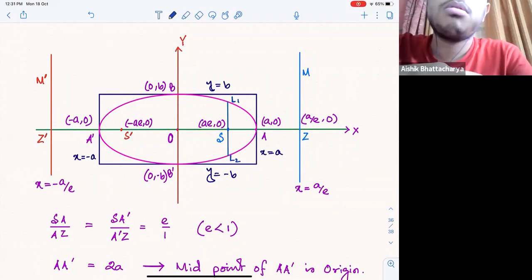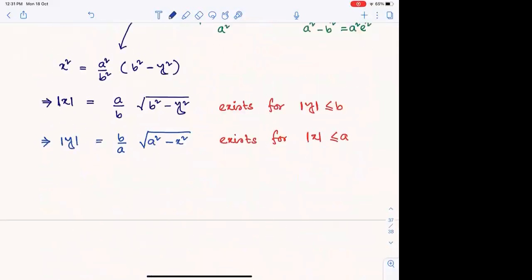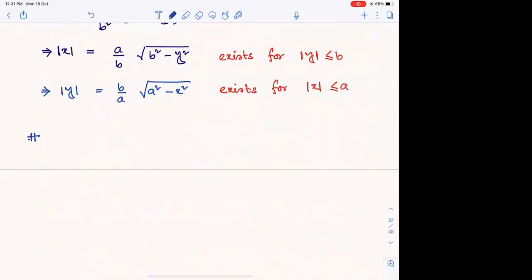We can substitute the value into x squared by a squared plus y squared by b squared equals 1.